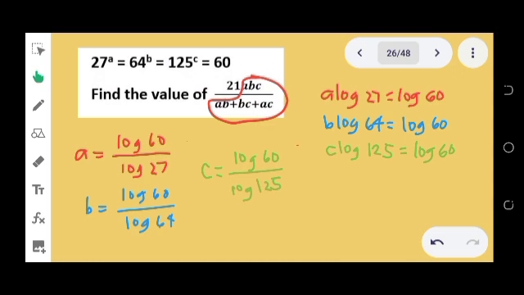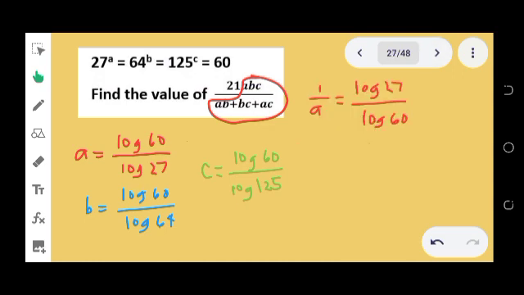Now, remember what we are solving is 1 over A, 1 over B, and 1 over C. But we come up with values of A, B, and C. Since what we are solving is actually the reciprocals of the variables, we interchange the numerators and denominators. So we will get 1 over A is equal to log 27 over log 60. 1 over B equals log 64 over log 60. And 1 over C is equal to log 125 over log 60.